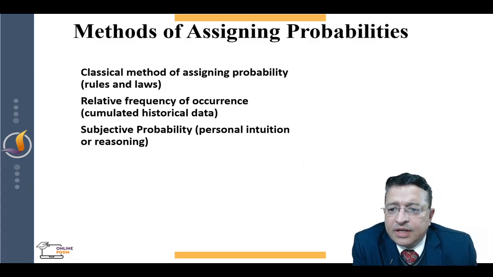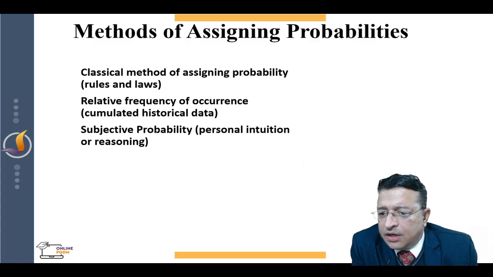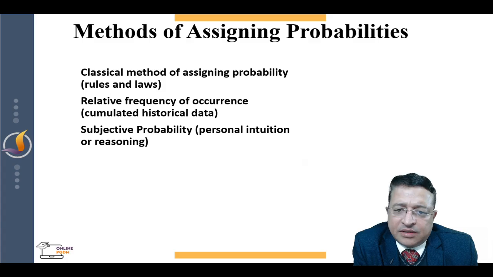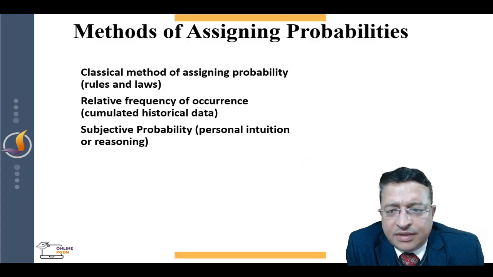First of all, it comes the classical method of assigning probability. Then we will see the relative frequency of occurrences. And then we have subjective probability.